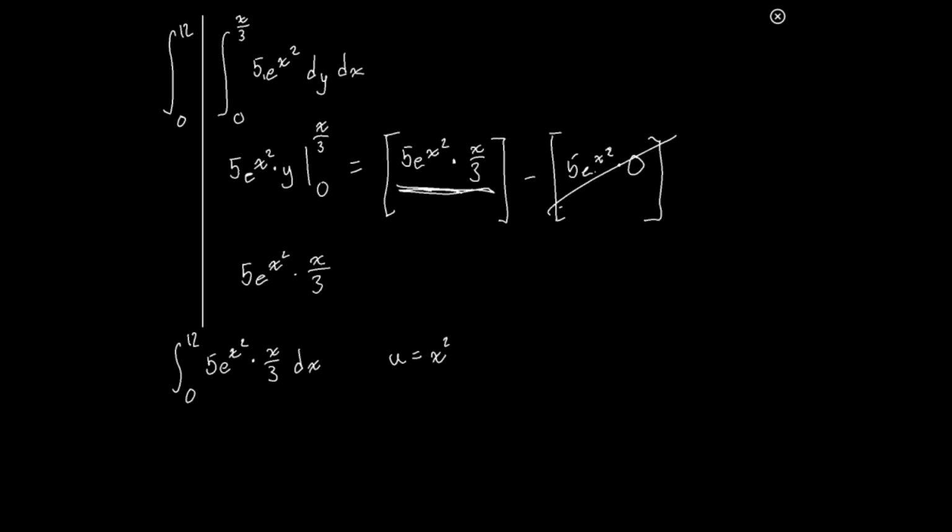Du is the other thing we need to figure out. That's going to be 2x dx. We just take the derivative of whatever u is equal to, put it down here, and tack on a dx at the end. For substitution purposes, we need to figure out what dx is equal to. So dx is equal to du over 2x.